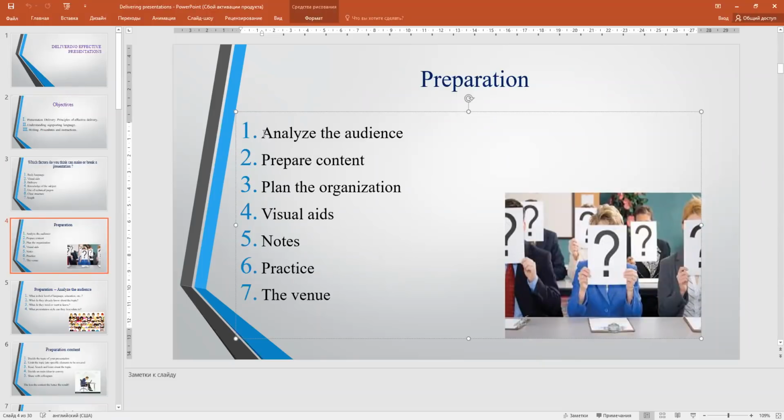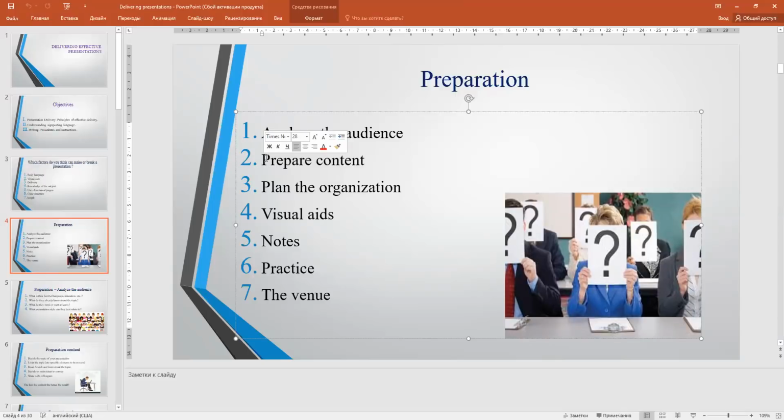So the first thing for the presentation is to analyze the audience. You have to analyze the audience. You have to figure out their desires and also expectations from your presentation.